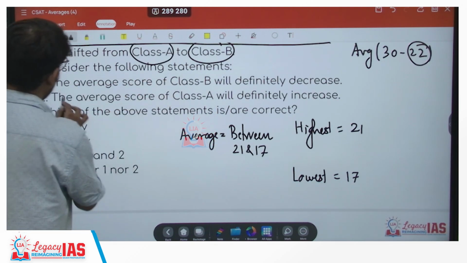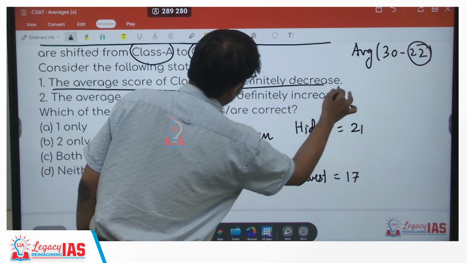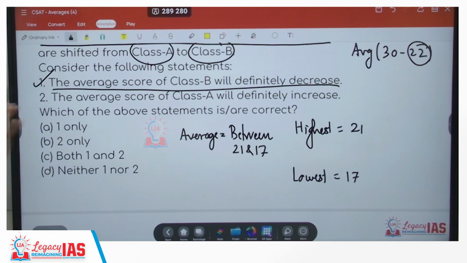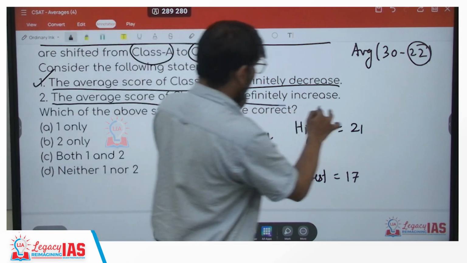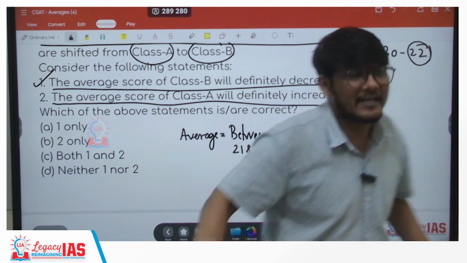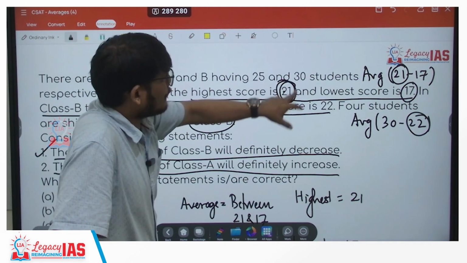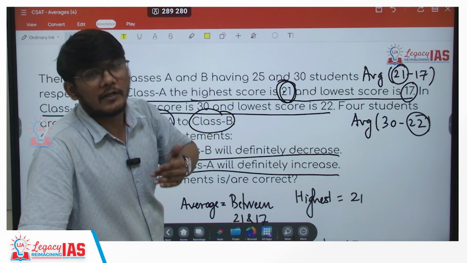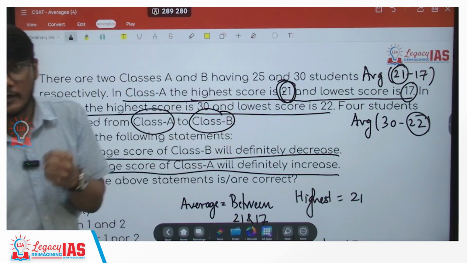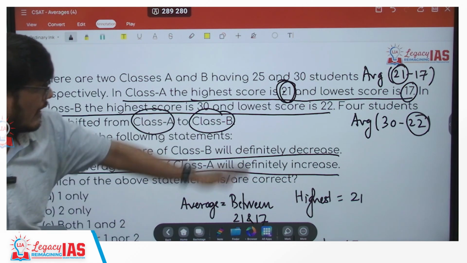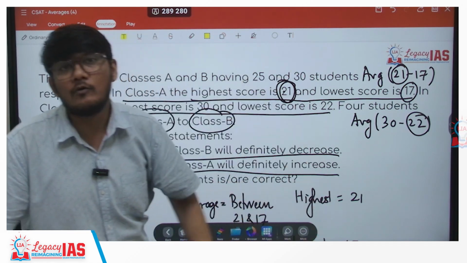Consider the following statements. The average score of class B will definitely decrease. Yes, it will definitely decrease. The average score of class A will definitely increase. No, we cannot say it will definitely increase, because what if 4 of the top students are removed? Then the average may go down.